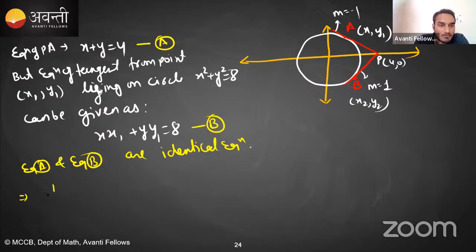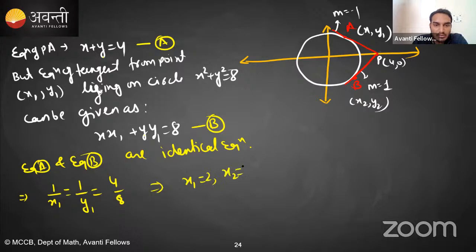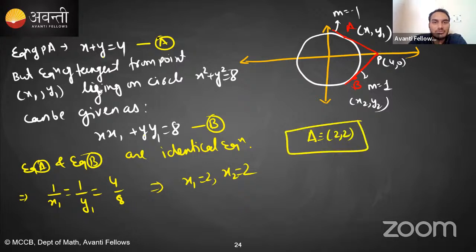It implies 1 upon x1 is equal to, from here the coefficient of y is 1, 1 upon y1 is equal to, what is the constant term here? 4. What is the constant term here? 8. From here you can say that x1 is equal to 2, y1 is equal to 2. So point A is 2, 2. Is this clear, students? Point A is 2, 2. Is there any doubt?